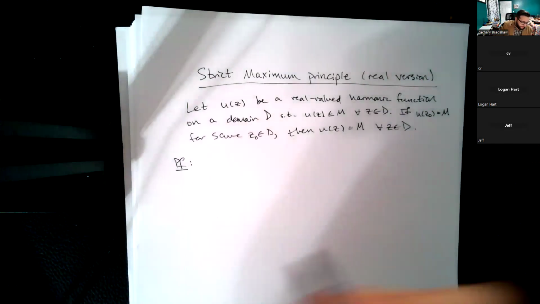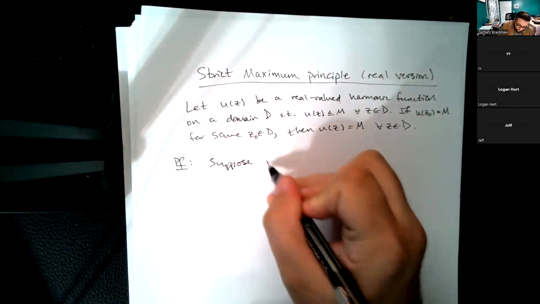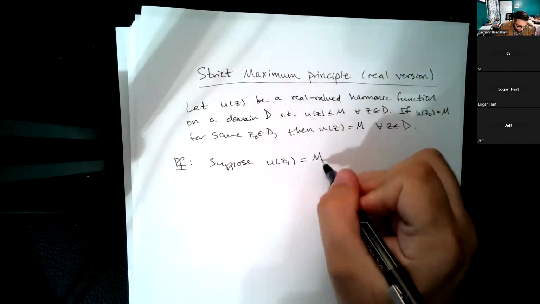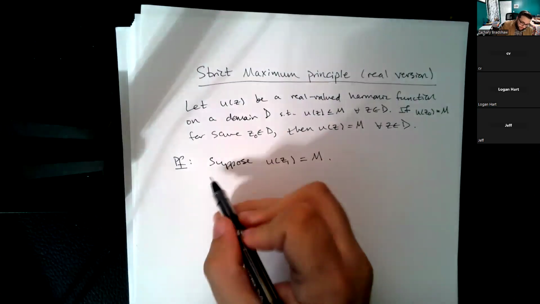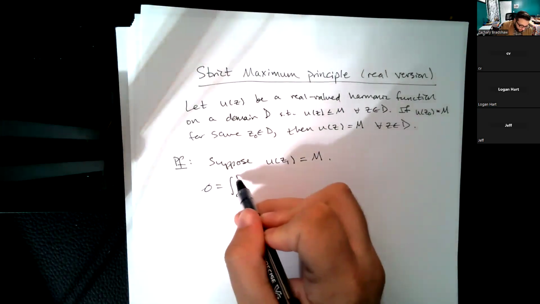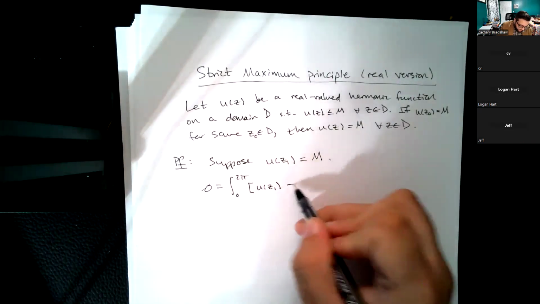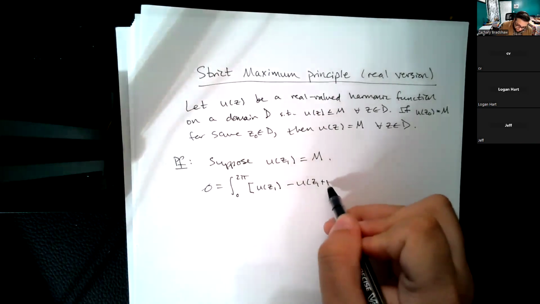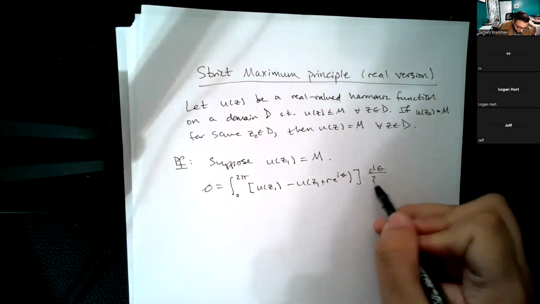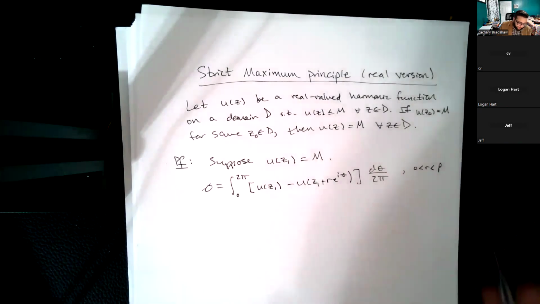Okay, so suppose U of z1 is equal to M. Well, then we have 0 is equal to the integral from 0 to 2 pi of U of z1 minus U of z1 plus r e to the i theta d theta over 2 pi, for r between 0 and rho.